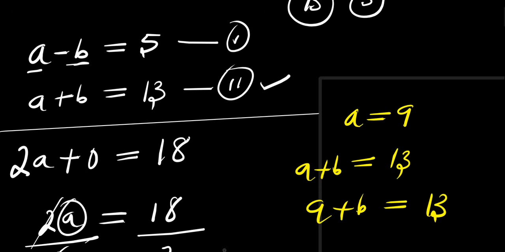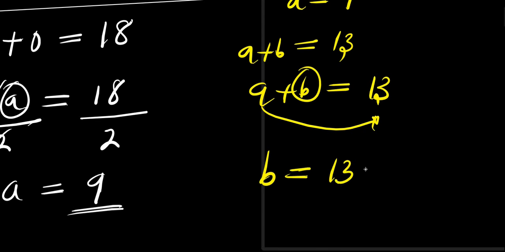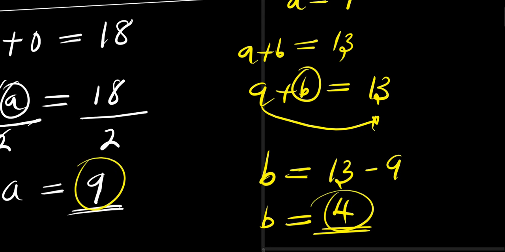So to isolate b, I move this 9 over here. So I have b equals 13 minus 9. We are going to have, this is 4. So a is 9 and b is 4.